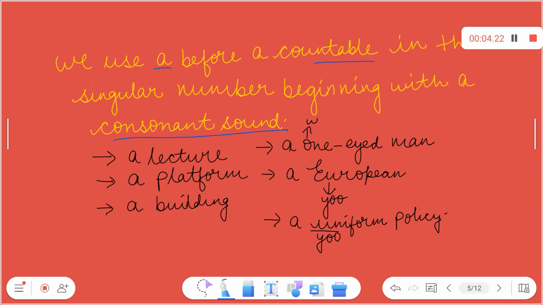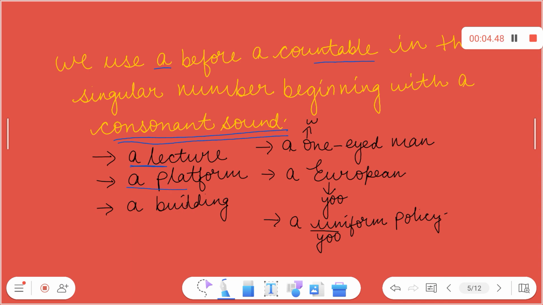What I said is that we use a before a countable in the singular number beginning with a consonant sound. I have said consonant sound, not consonant. So the sound that comes should be a consonant. If I say a lecture, it starts with L, so it would be a.